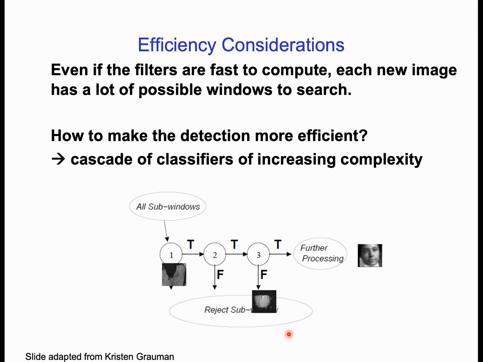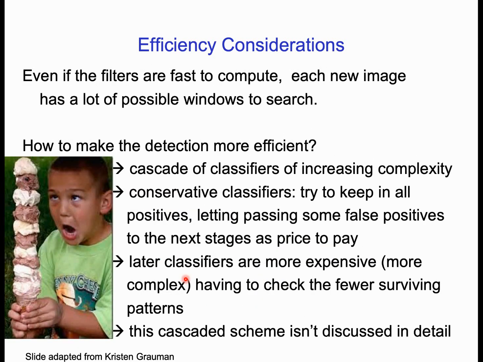And if I have a patch that's clearly not a face, it will be discarded even in the first rounds. This way, I don't have to extract many features from all patches in the image. The initial non-complex classifiers may be using very few patches. So a cascade of classifiers of increasing complexity can give me a lot of efficiency.